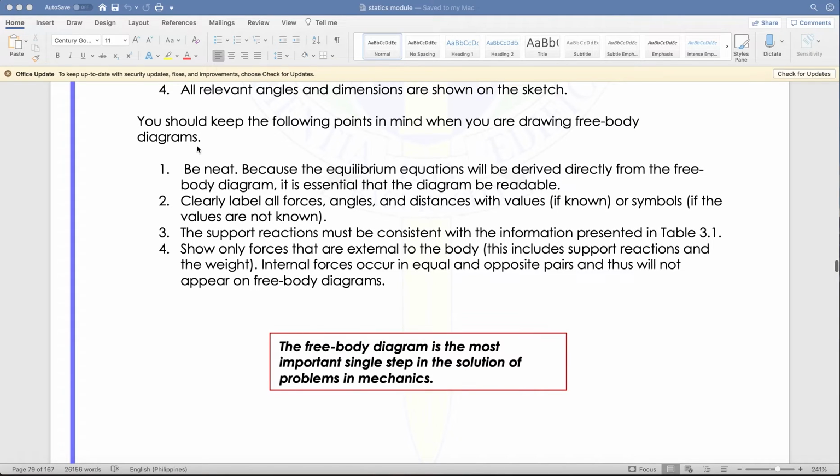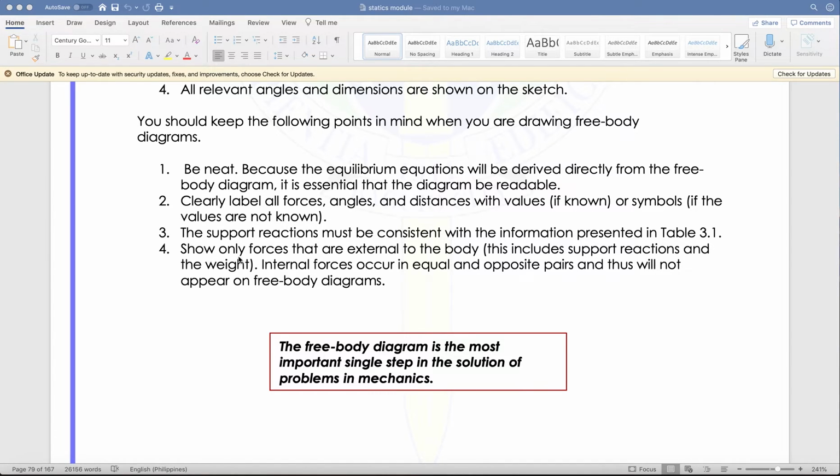Okay, so you should keep the following points in mind when you are drawing your free body diagram. Number one, because the equilibrium equations will be derived directly from the free body diagram, it is essential that the diagram is readable. Number two, clearly label all forces, all angles, and distances with values if they are known, or with symbols. Number three, the support reactions must be consistent with the information presented.